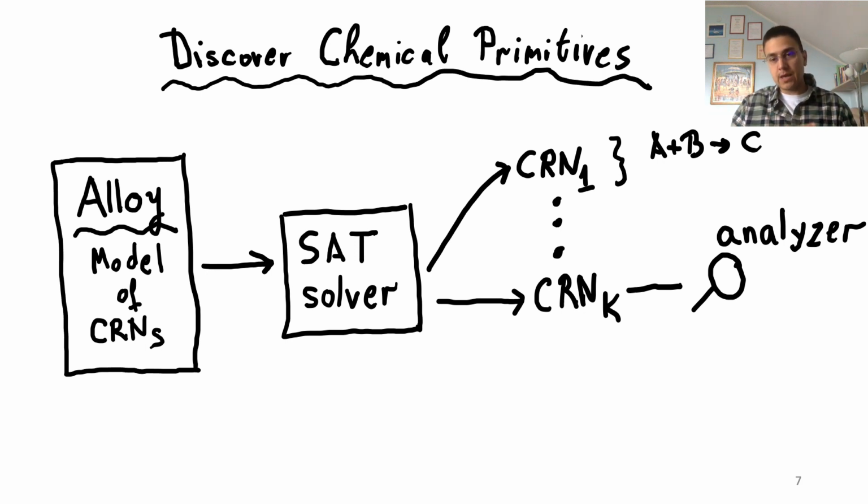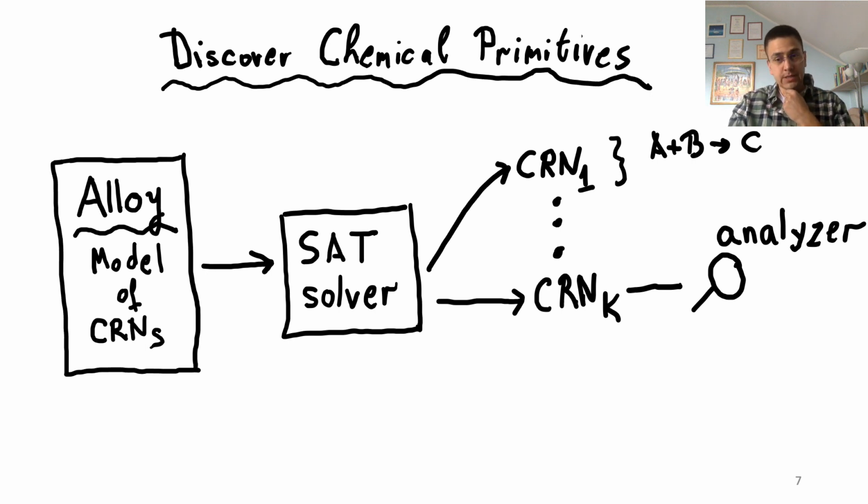some CRN K. And then I should mention that we have another part of our technique, which is the analyzer. What the analyzer does is it can take a CRN as input and say which function the CRN computes.